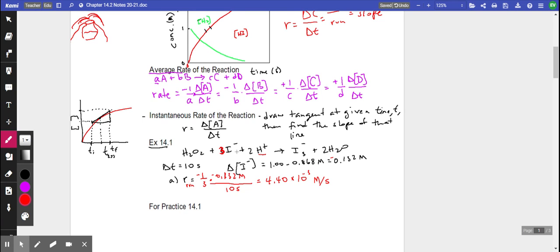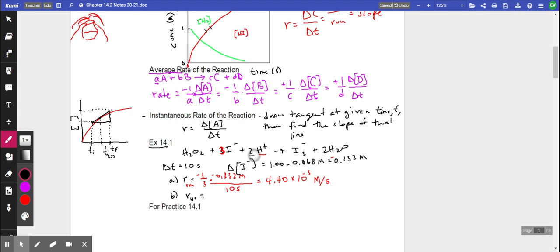So it's for 1 mole of each of these things is what we found the rate of. So the rate with regards to H plus is going to be the rate that we just found of that reaction times 2.